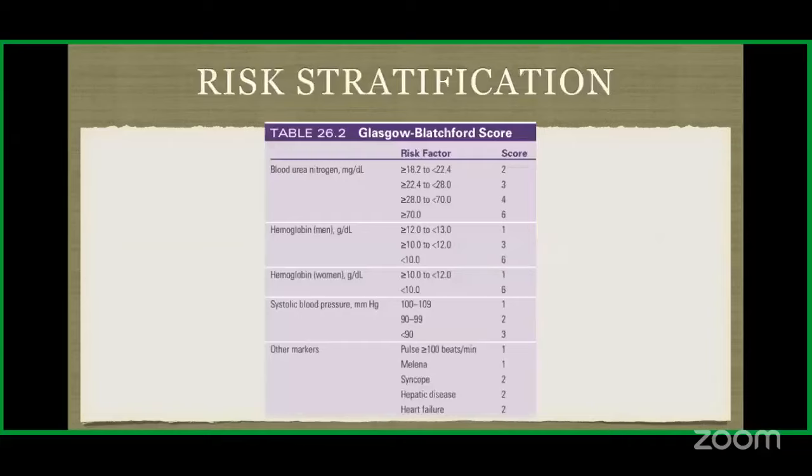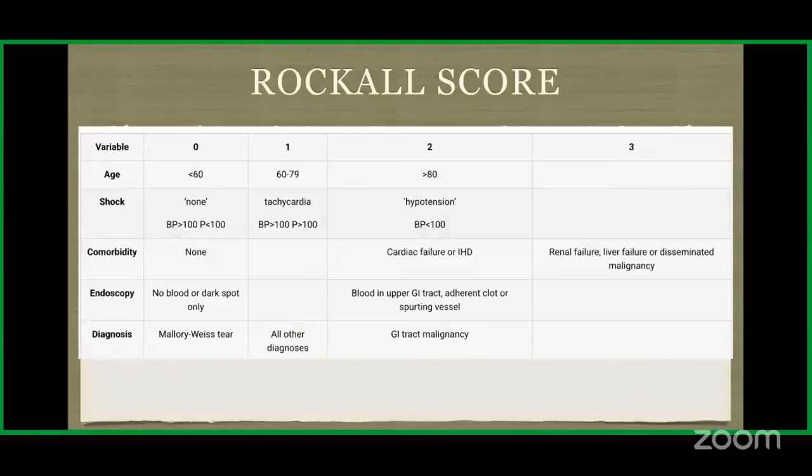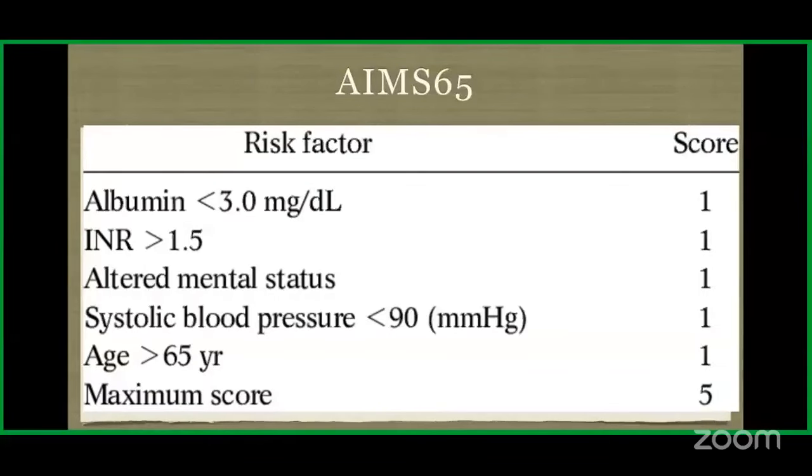Then we have scores, the Glasgow-Blatchford score, the AIMS65 score and the Rockall score, all three of which help us to identify the severity of the disease. They don't help us get to a diagnosis, they help to decide the severity.